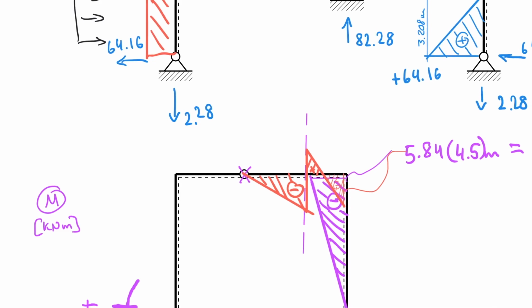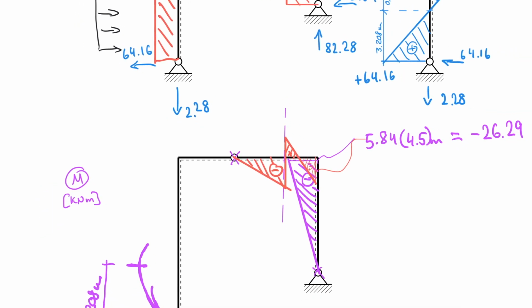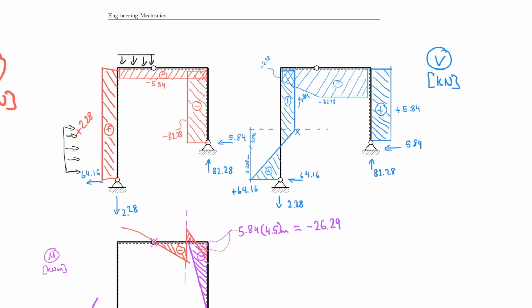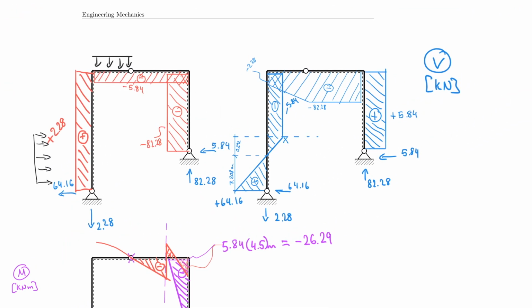All right, I can also calculate now the value at this corner. So I have to calculate the value at this corner here, and of course my slope cannot change at the hinge, so effectively I have something that goes like this. And pay attention to your shear force diagram. Let me point you to it.